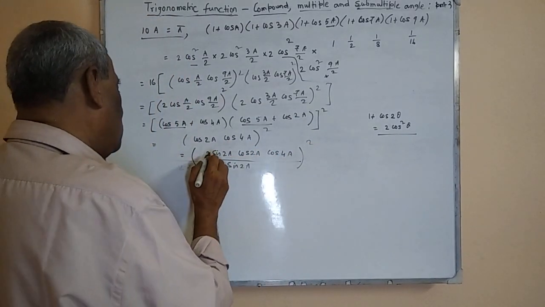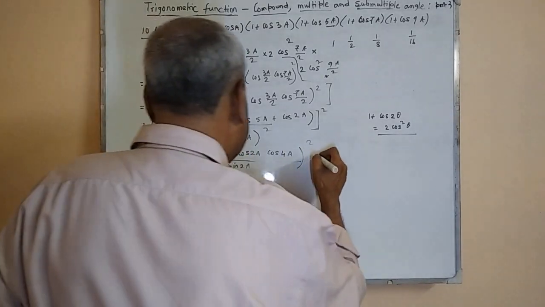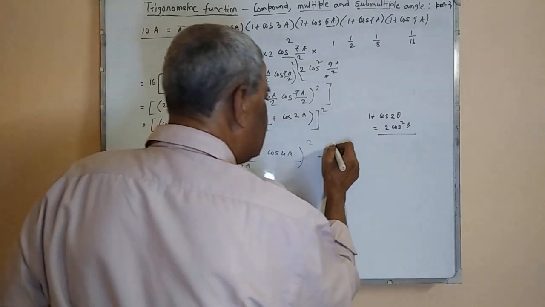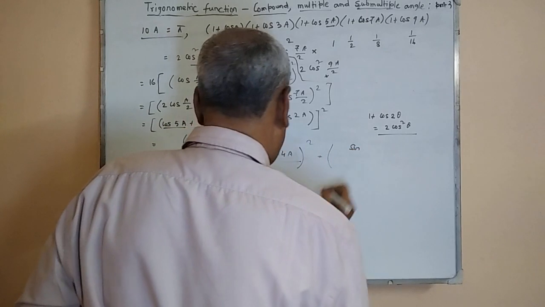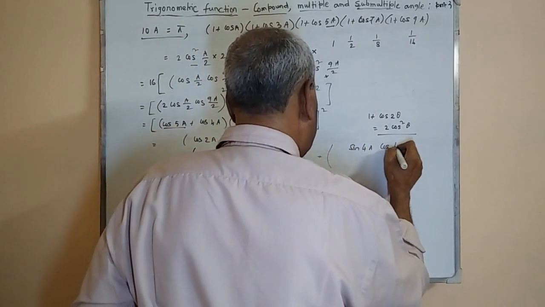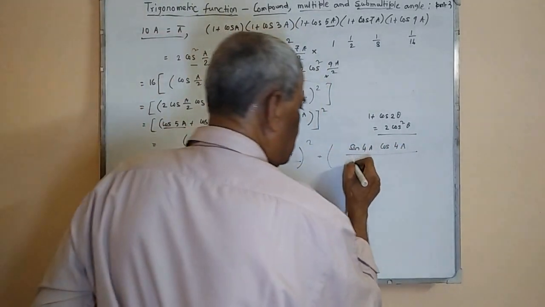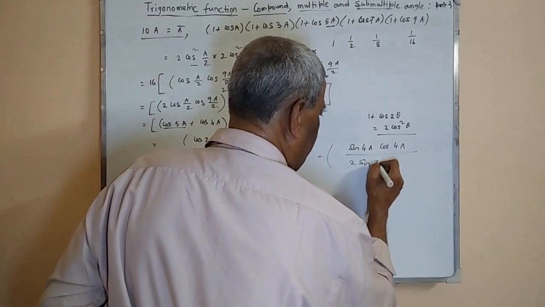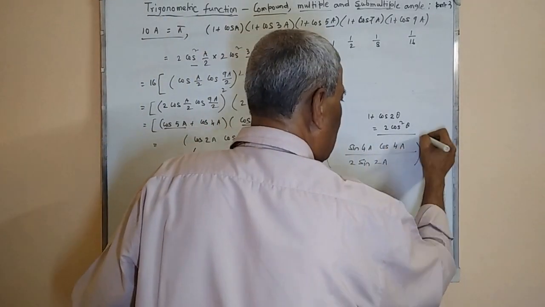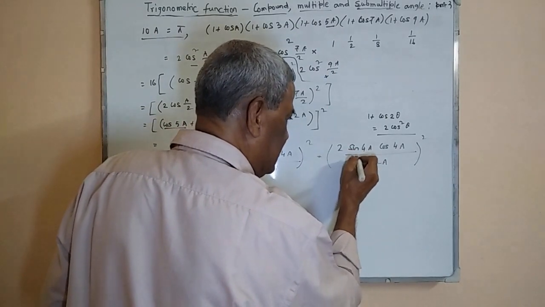What would happen? 2 sine A cos A gives a formula, sine twice of that, that is sine 4A, and cos 4A is there, by 2 sine 2A, whole square. Now, if we again put 2 there, we have to adjust here.